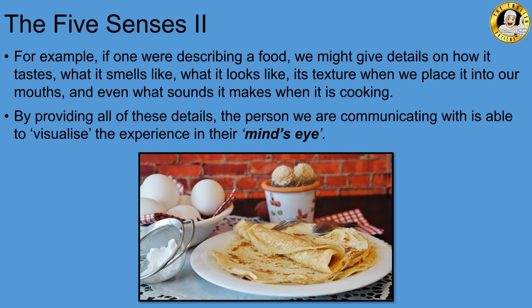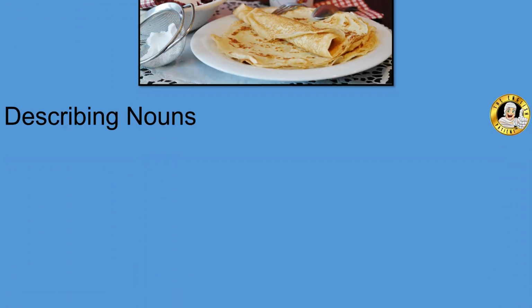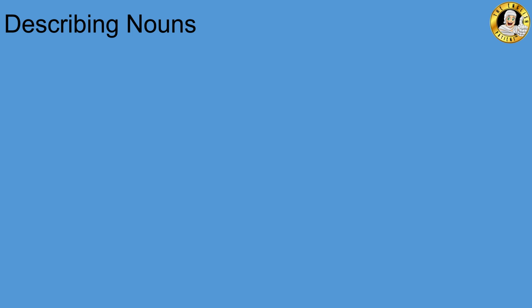By providing all of these details, the person you are communicating with is then able to visualize the whole experience, through their mind's eye, in the way that they would have experienced it if they were there in person with their senses available to them. So always begin by thinking about the 5 senses when you're thinking about describing.